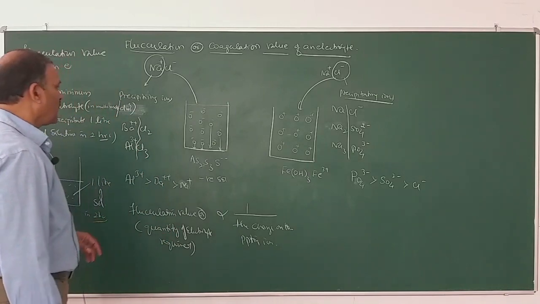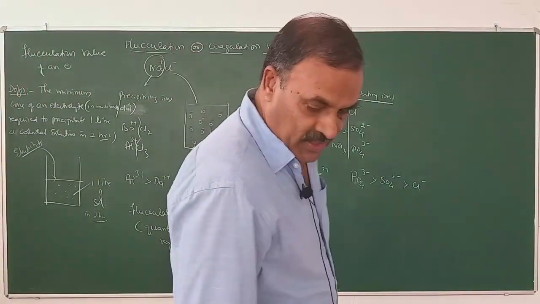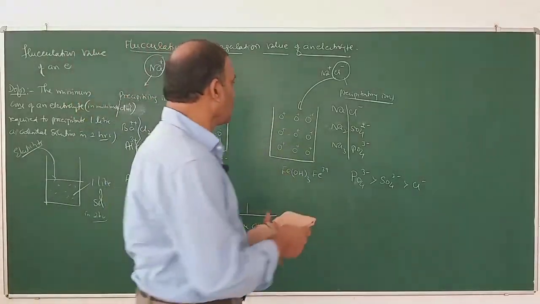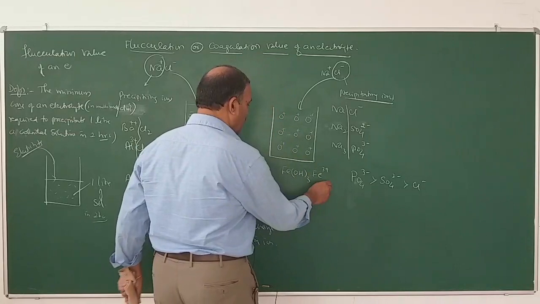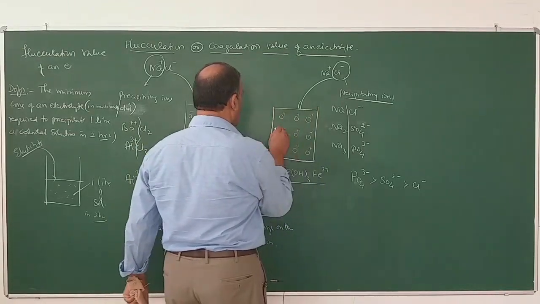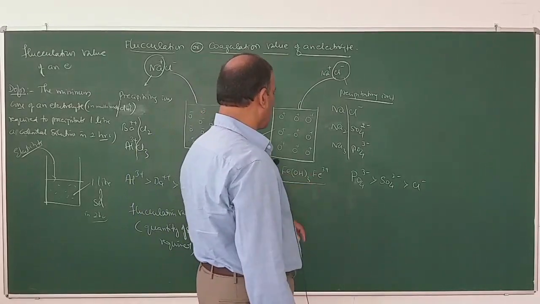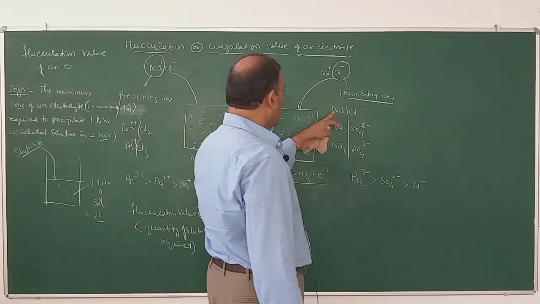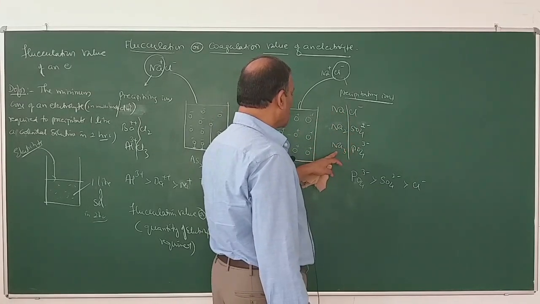Say for example, if I want to precipitate 1 liter of ferric hydroxide solution, there are 3 electrolytes: sodium chloride, sodium sulfate and sodium phosphate.